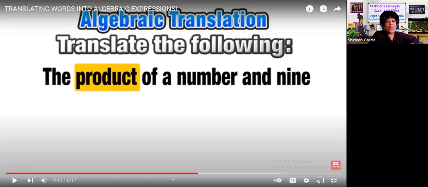So translate these words into an expression. The product, which means multiply, of a number and 9. That's a good try. Where's my variable to represent a number?